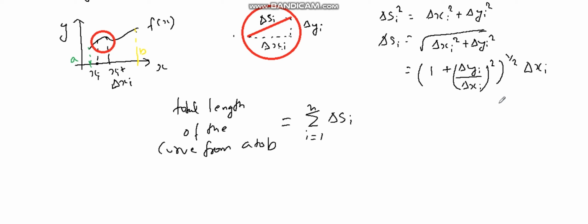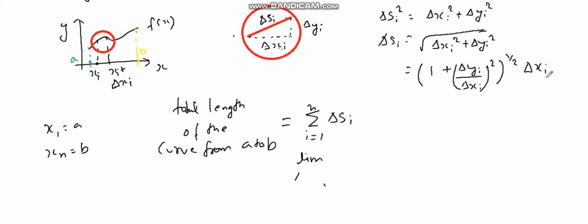So we can write over here x1 is equal to a, xn is equal to b. Now what next we have to do, we have to take the limit delta xi tends to 0.